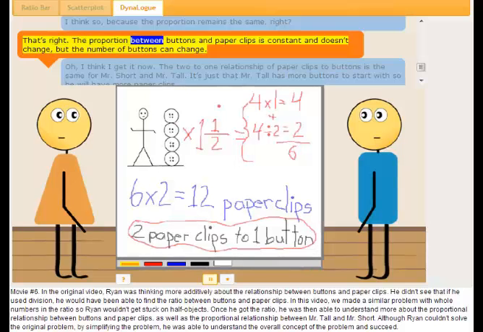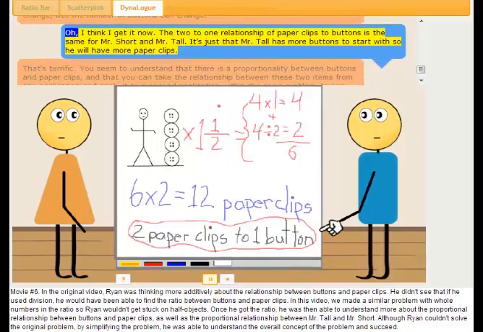The proportion between buttons and paper clips is constant and doesn't change, but the number of buttons can change. Oh, I think I get it now. The 2-to-1 relationship of paper clips to buttons is the same for Mr. Short and Mr. Tall. It's just that Mr. Tall has more buttons to start with, so he will have more paper clips.